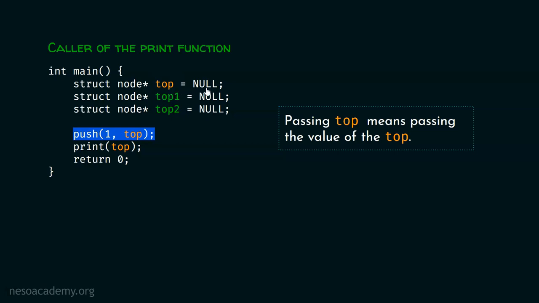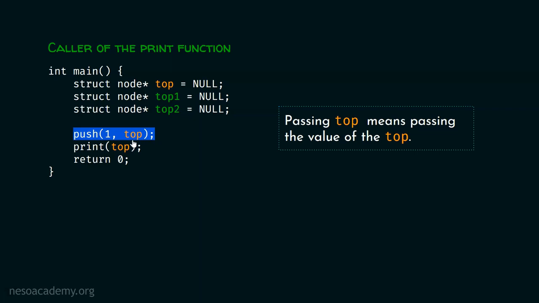Here top is initialized to null, which means that null is passed to the push function. Later on, after completion of this push function, this top pointer must receive the address of the first node, and the first node must hold this value 1. Maybe after calling this push function, the top pointer is not receiving the address of the first node.